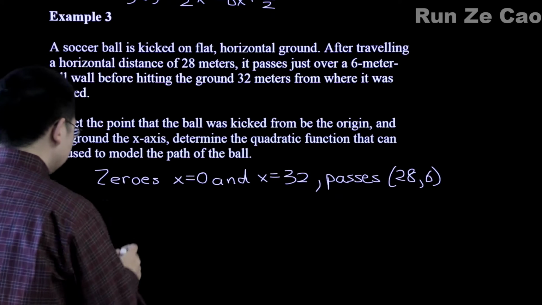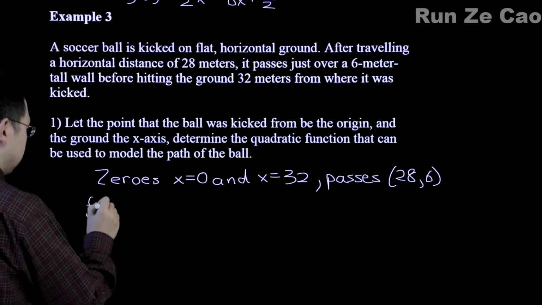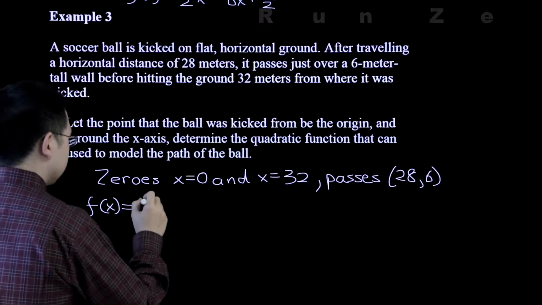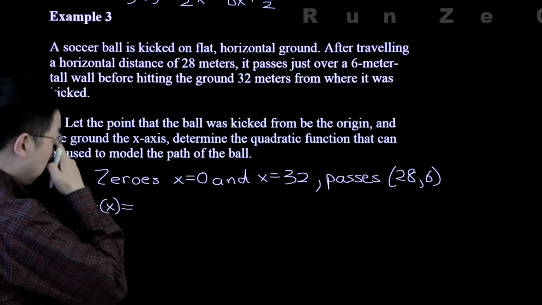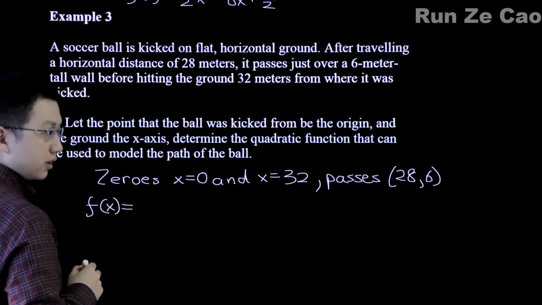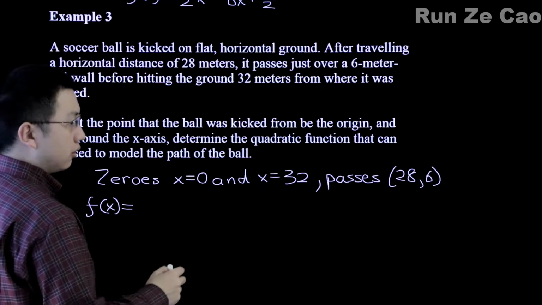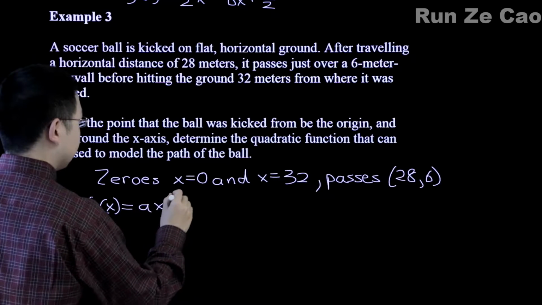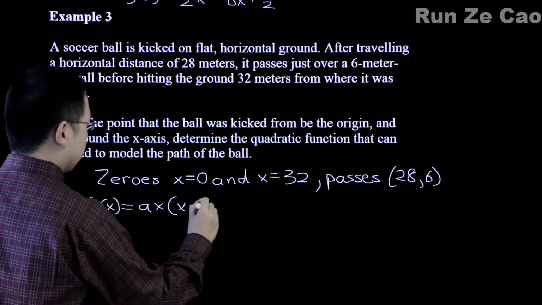So f of x equals, well, x equals 0. That means we just have a x minus 0, or, well, just x term. And x minus 32.